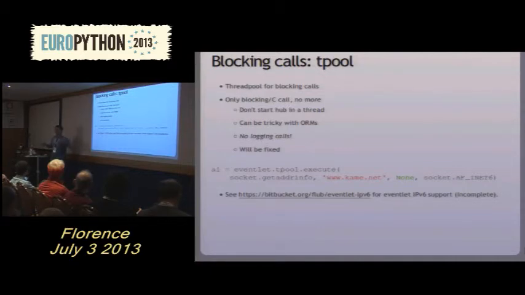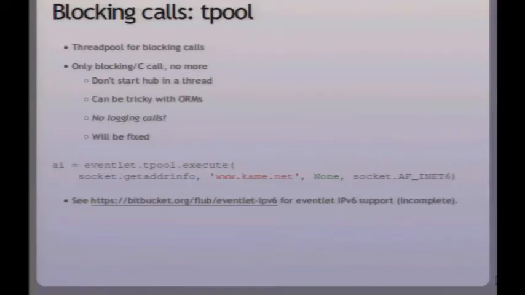That actually happens with the logging module, because the logging module under the hood uses some locks. This is something that's being worked on, and that will improve as well.